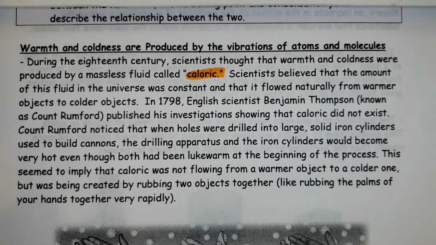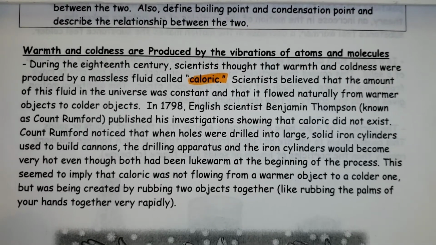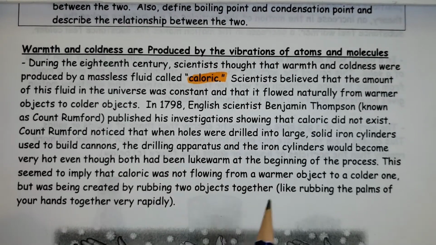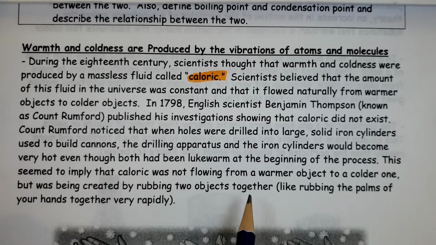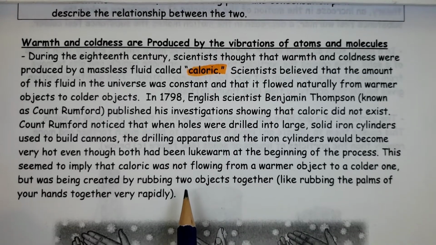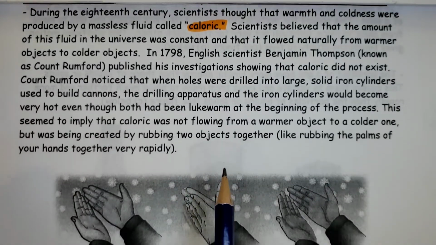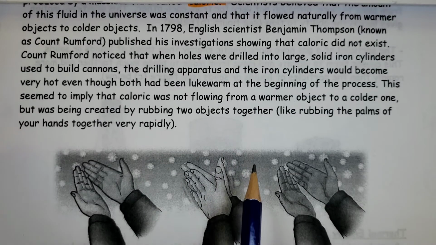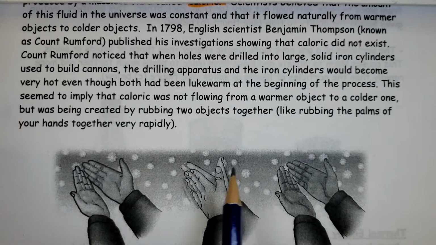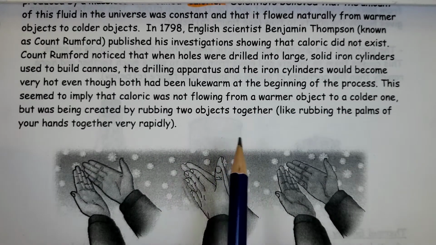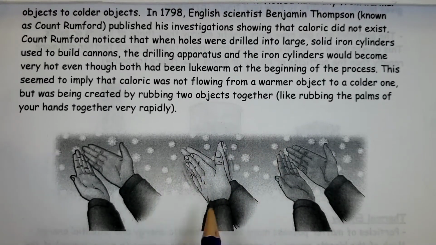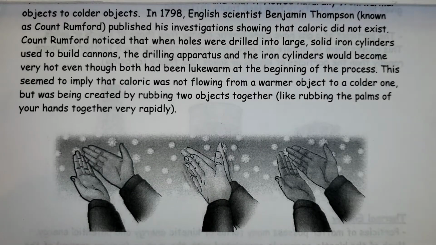So that shows you that it's not necessarily from a hotter to a colder object because neither of them were hot to begin with. This seemed to imply that caloric was not flowing from warmer objects to colder ones, this mysterious fluid, but was created by the rubbing of two objects together, just like rubbing your hands together when it's cold outside. We, of course, know it generates a lot of heat.